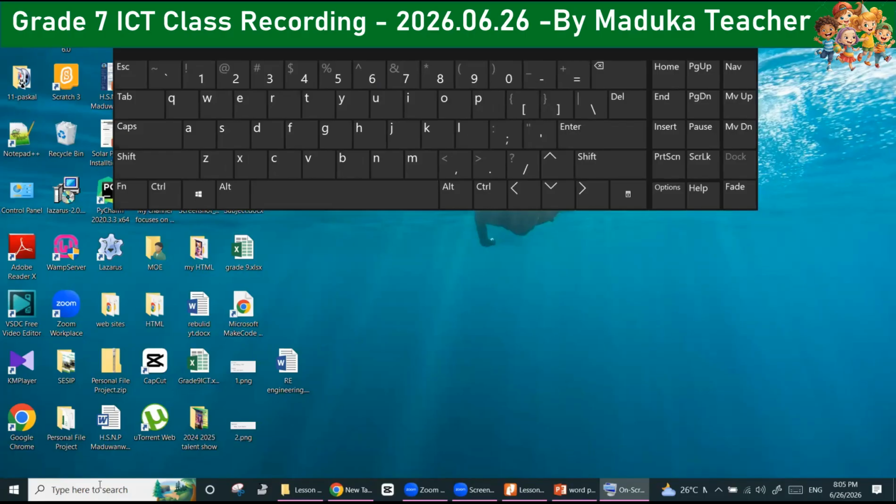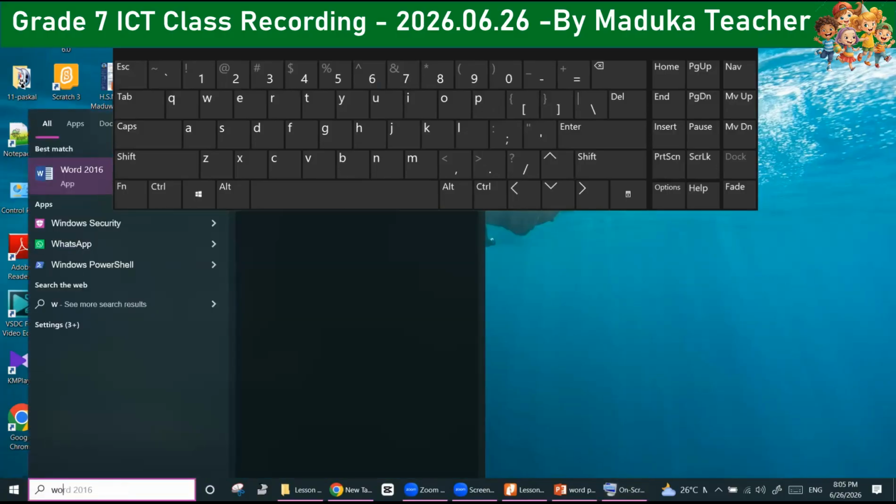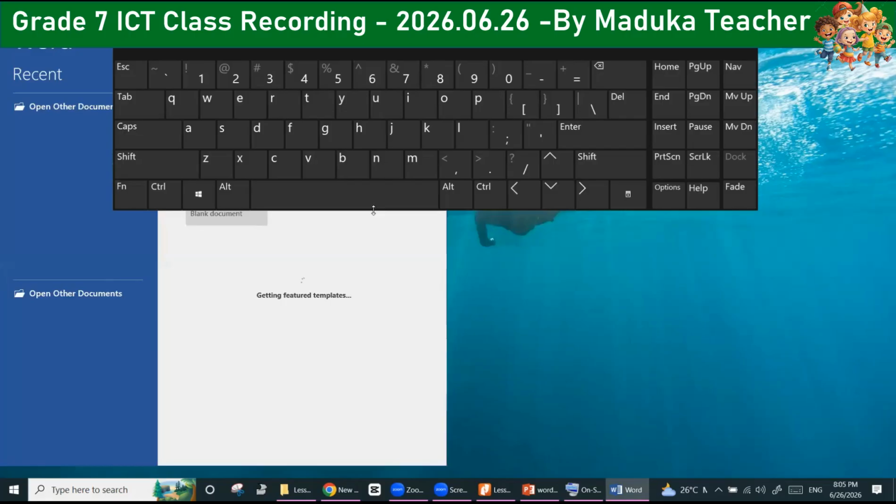I'll show you. Now I'm going to open a Word document. Watch it very carefully. It's opening on my computer.